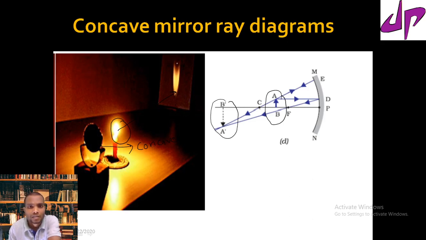You can see the candle flame is inverted. This situation happens only if the object is placed between the center of curvature and focus in front of a concave mirror.